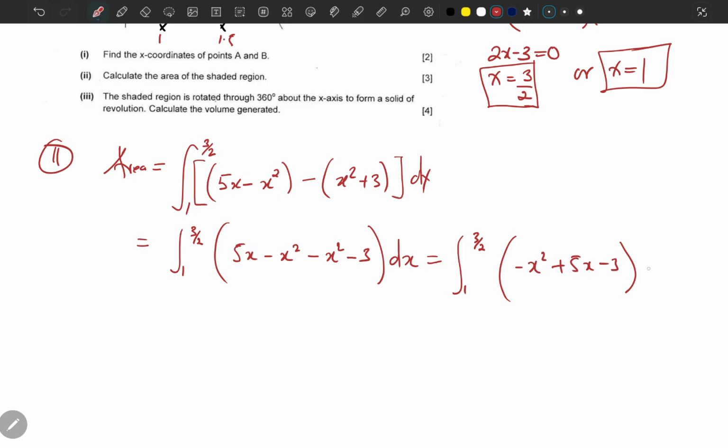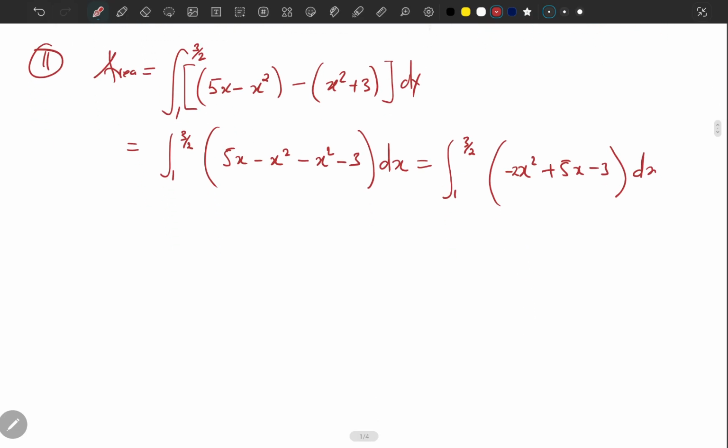Oh, it's 2 here, right? Because there are 2 of them. Integrate now. Integrating this one, you get -2/3 x cubed, because you increase the power by 1, you divide by the same new power. Then that one gives 5/2 x squared, minus 3x.